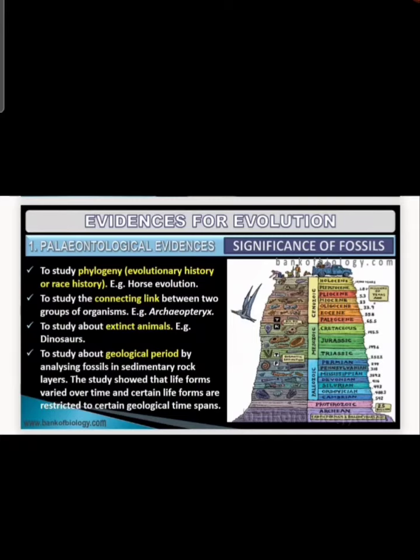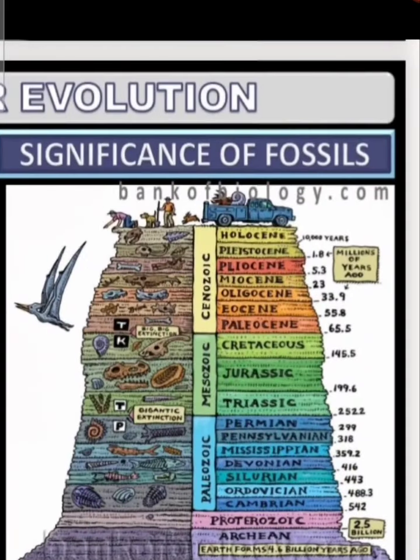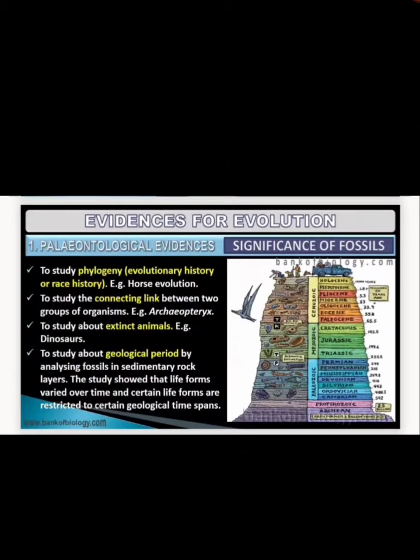The study showed that life forms varied over time and certain life forms are restricted to certain geological spans. So by these paleontological studies, we can work out in which period what kind of organisms existed, what the environmental condition factors might have been at that point of time, which species were present, and how they evolved.